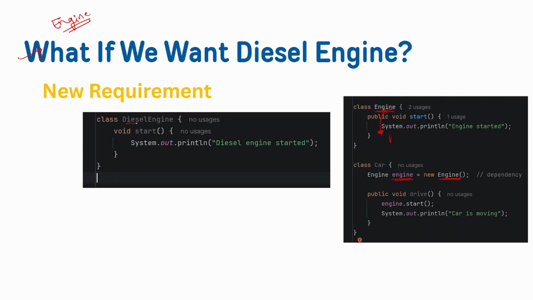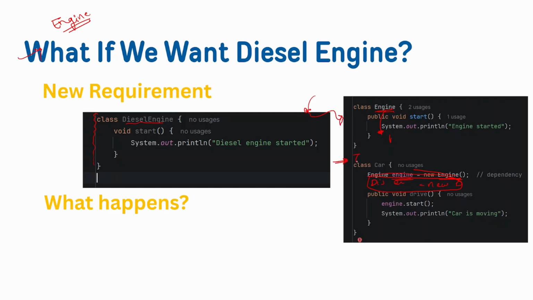Suppose we want to change it to the diesel engine, then what do we need to do? First we add the new class DieselEngine, and in the car class we cut this line and write engine equals new DieselEngine. So we change the implementation in one class, and this change spreads across the code base.